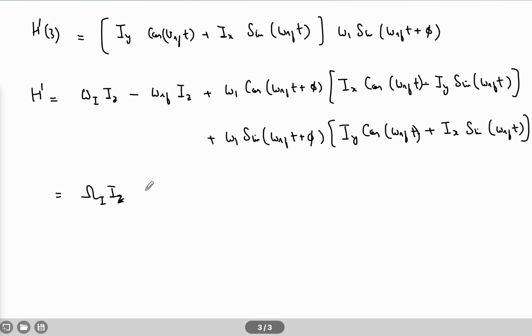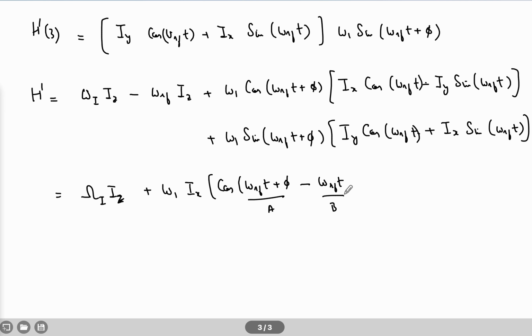Plus omega 1 times, so if I take this inside and separate the variables for Ix, what I'm left with is Ix into cos. So this will be cos A cos B plus sin A sin B, right? So that will be cos A minus B. So this implies that this will have omega rf t plus phi. This portion is A, and then I have omega rf t.